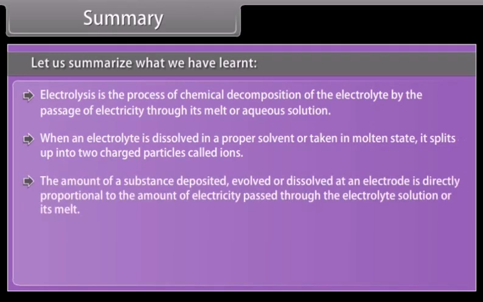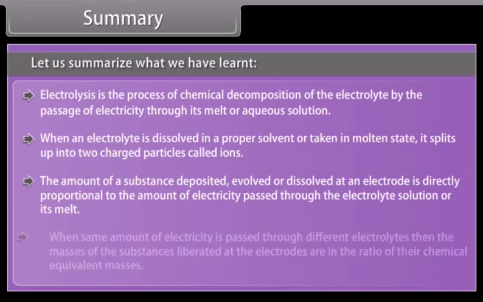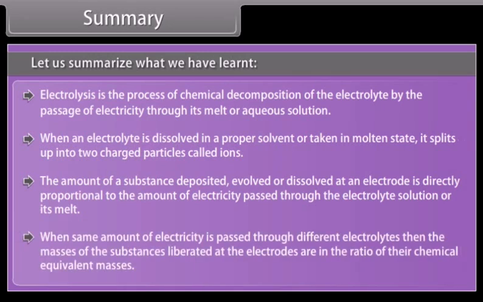The amount of a substance deposited, evolved, or dissolved at an electrode is directly proportional to the amount of electricity passed through the electrolyte solution or its melt. When the same amount of electricity is passed through different electrolytes, the masses of the substances liberated at the electrodes are in the ratio of their chemical equivalent masses.